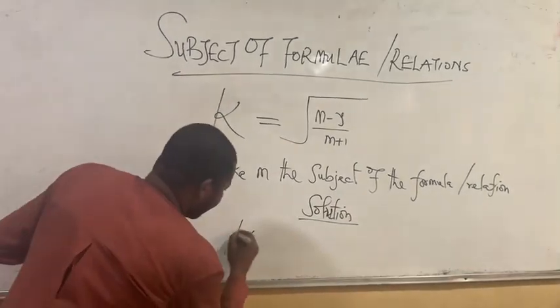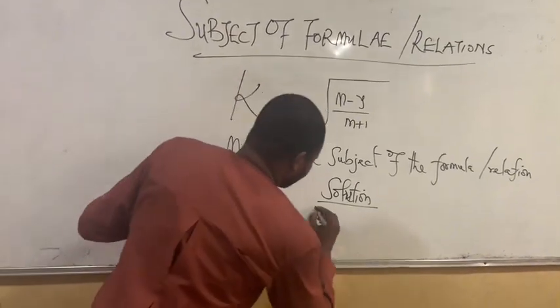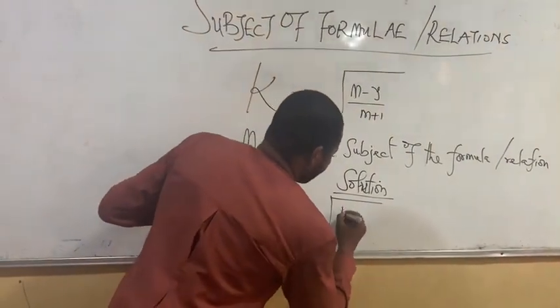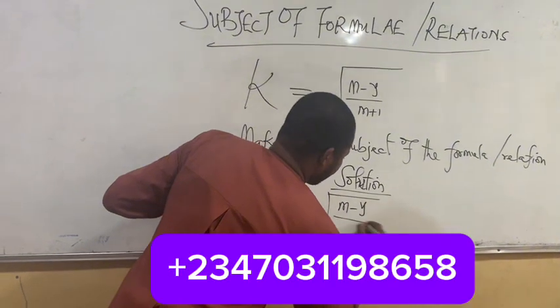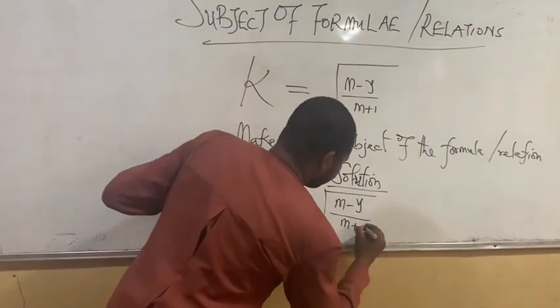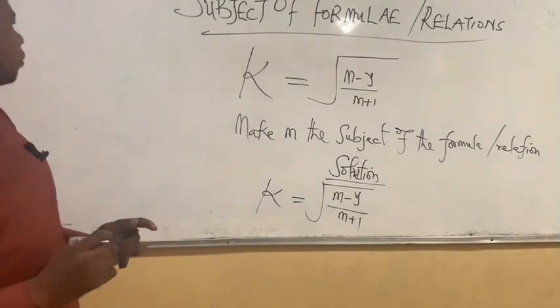We've been told that letter k is equal to the square root of m minus y all over m plus 1. Simple.